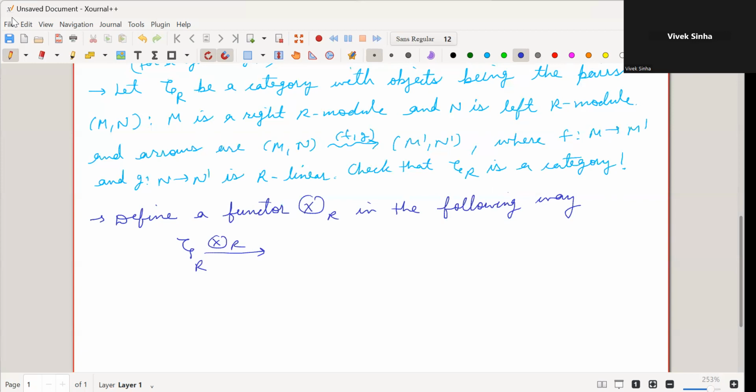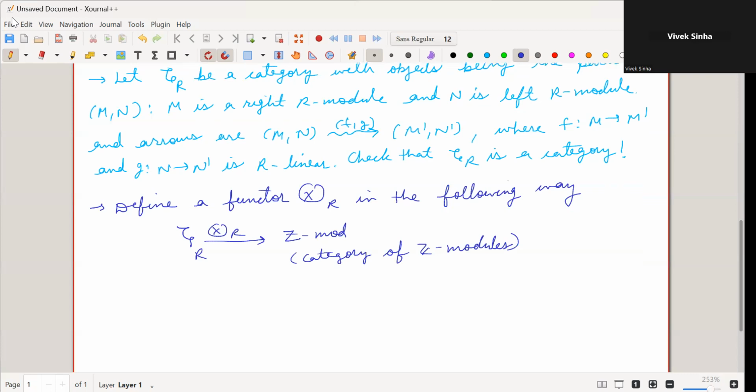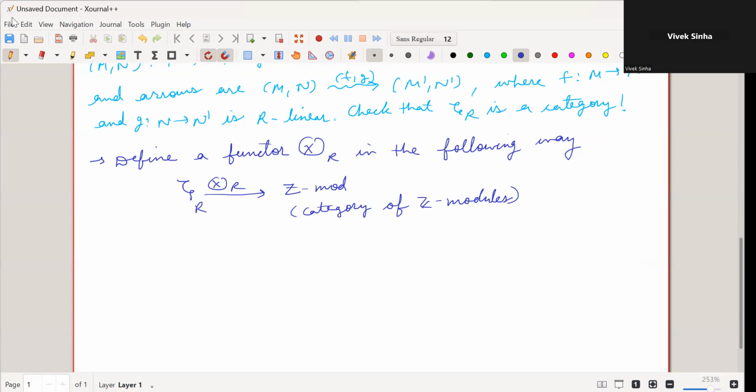The category C of R we have seen, and Z-mod is the category of Z modules. From the category of pairs, right modules and left modules, we can define a functor to Z modules in the following sense: the tuple M comma N will be mapped to the tensor product of M and N over R.